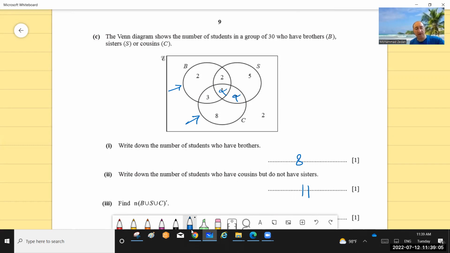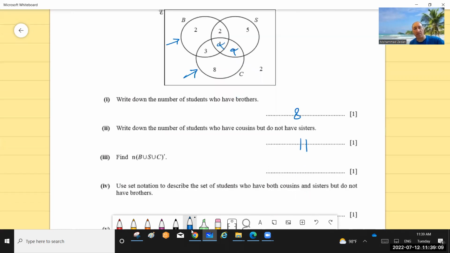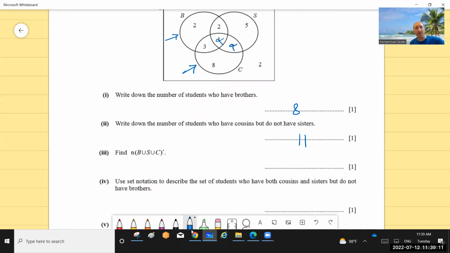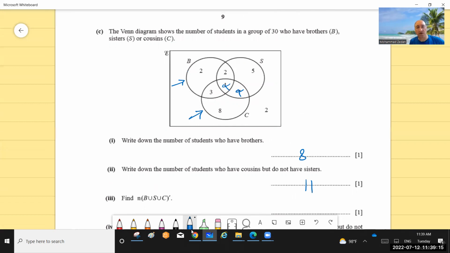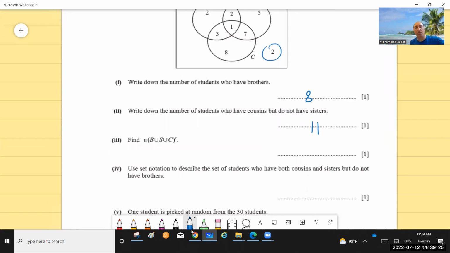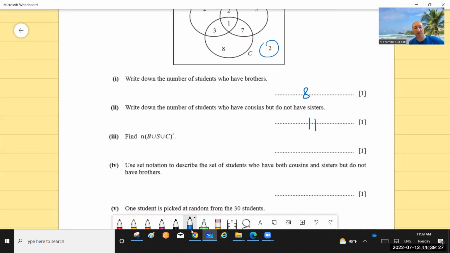Find the number of B union S union C all complement. The union is the total number inside the 3 sets, but I don't need it now, I need outside. The outside part here is only 2. No brothers, no sisters, no cousins.